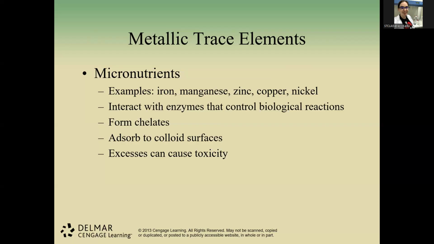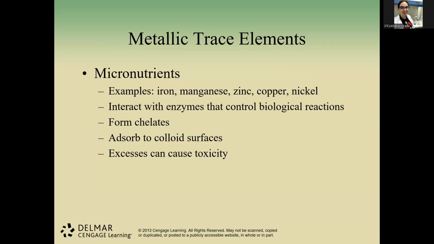Iron also does form a chelate. Okay. And when we have chelation of a metal ion, we can have complex organic molecules that surround the ion and form several bonds with it. And that is going to form a protective layer around the ion.